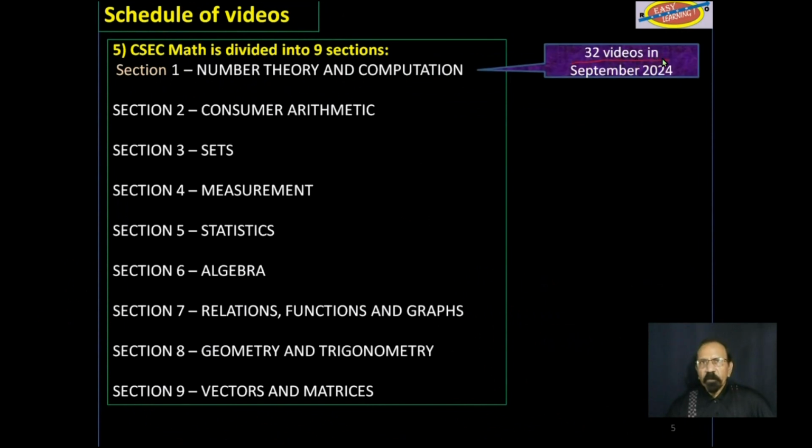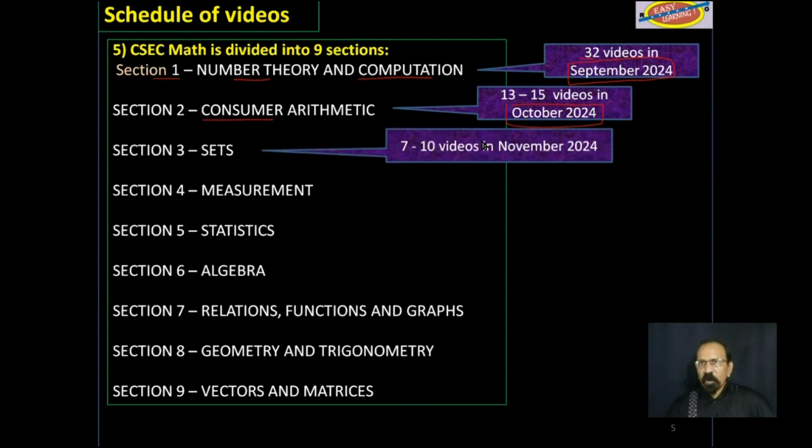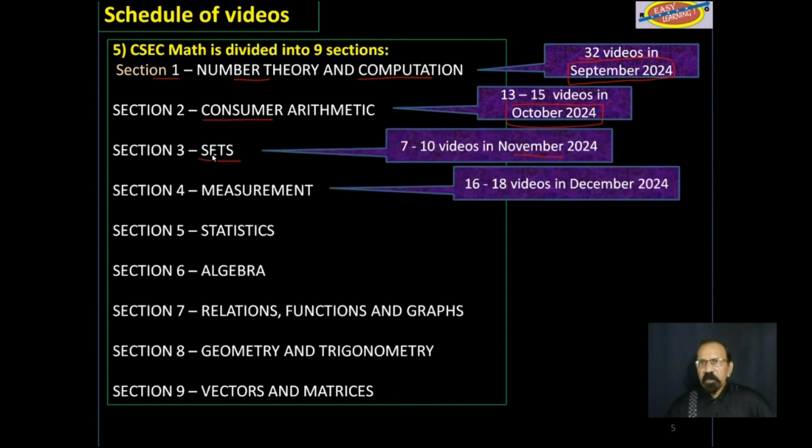In September 2024, that is this month, I am hoping to have all 32 videos from section 1, number theory and computation, published. Then next month, October, the 15 or so videos on consumer arithmetic, and so on. November, sets.